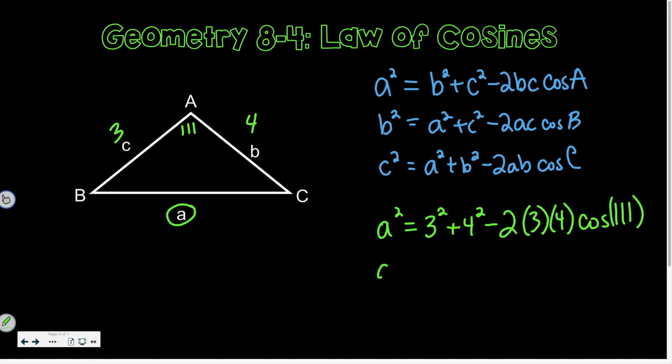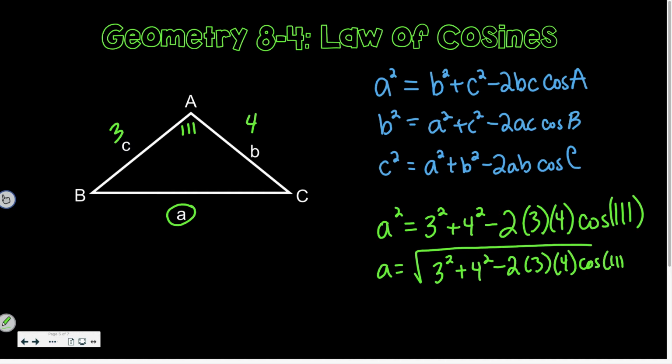In order to get A by itself, when you solve for a side, that's when you end up doing the square root of whatever number you were given, okay? So you could plug that whole thing in. I recommend simplifying this.